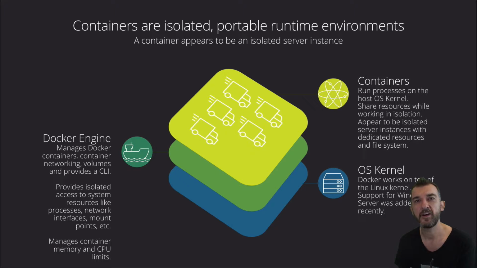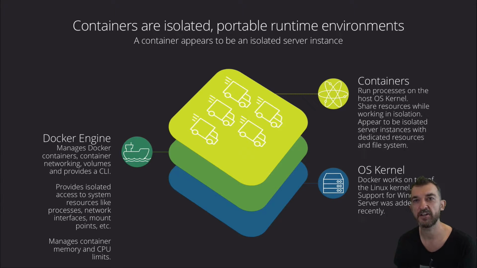So this way, a container is an isolated environment and it's a portable environment because you can start up the same container on another machine the exact same way. In order to achieve that, you need a Linux server, plus you need to install the Docker engine. The Docker engine will give you the command line interface so that you can interact with your containers, and the Docker engine will also manage the containers you started up.